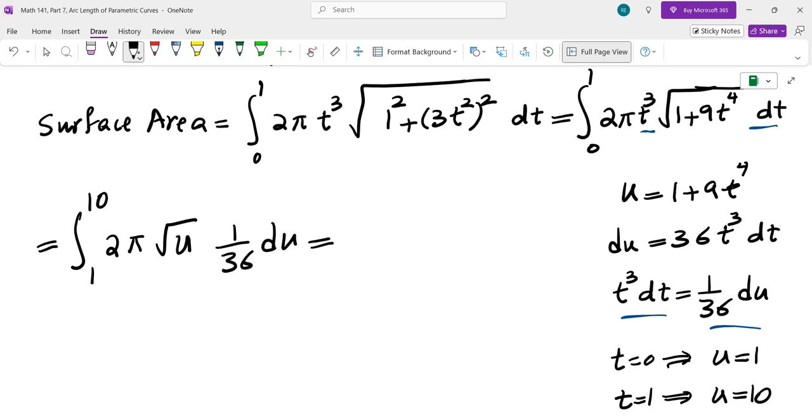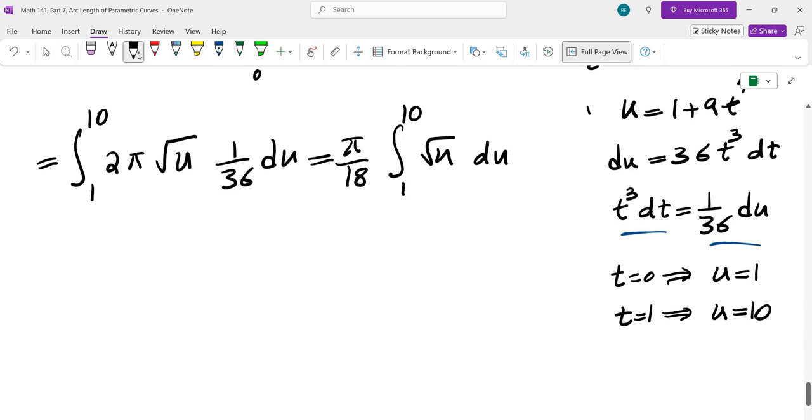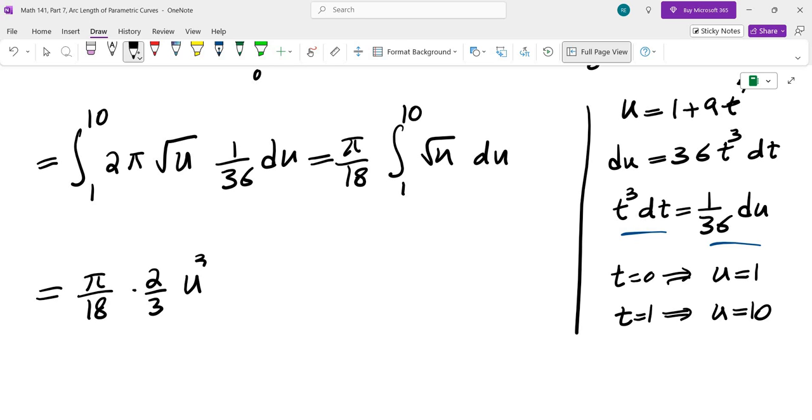We can take all of this out, so this is π over 18 times the integral from 1 to 10 of root u du, which is π over 18 times 2/3 u to the 3/2 from 1 to 10. And then we plug in the values.